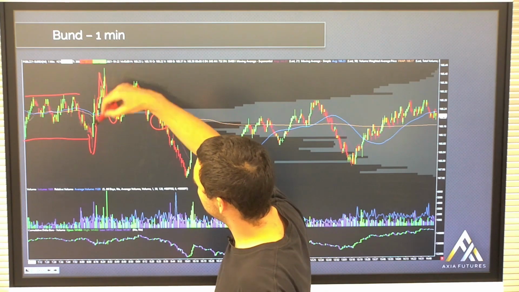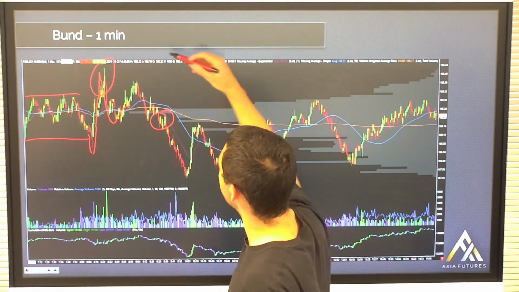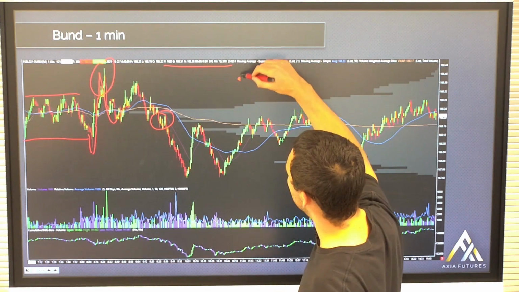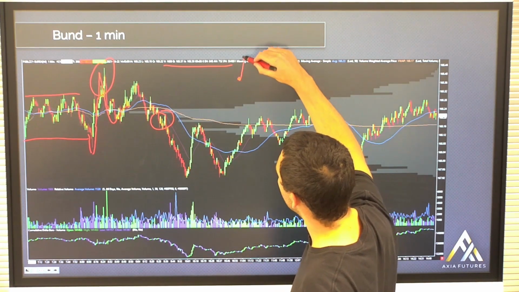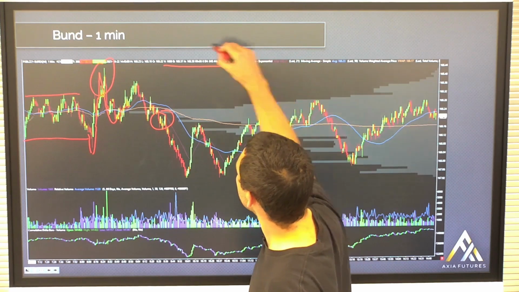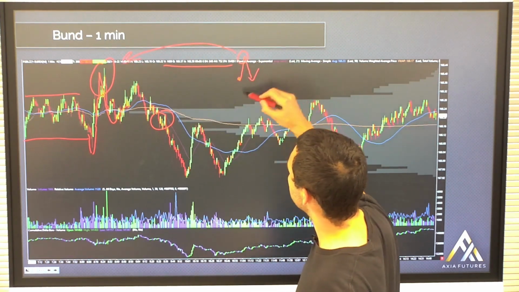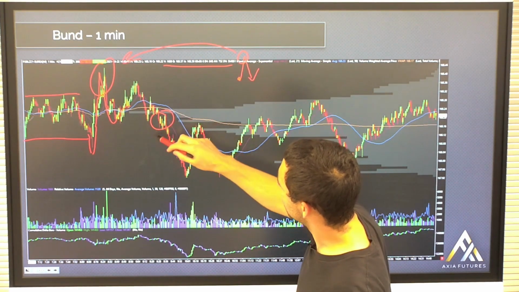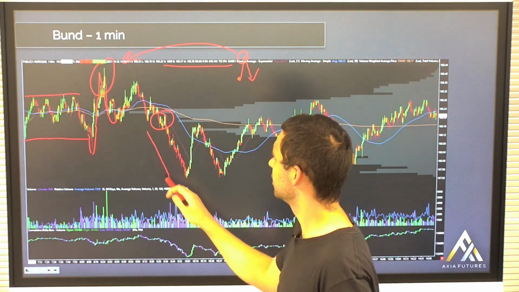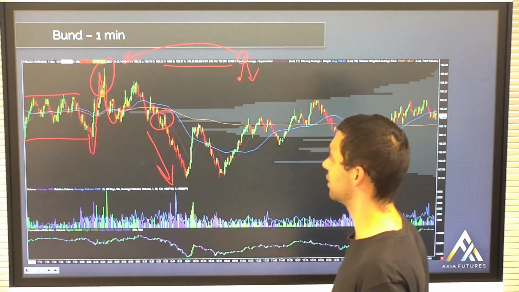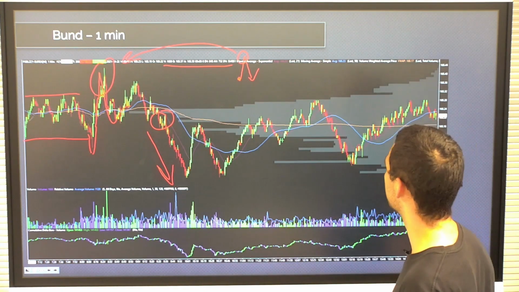So what we've got now is our rejection into that range above. I said we've opened below last week's low, we then popped up, came back down, so that's that. And so now we're bearish, aligned bearish again, and then we're back in value for the day, ready to drive lower. So this was like an ideal setup for me.